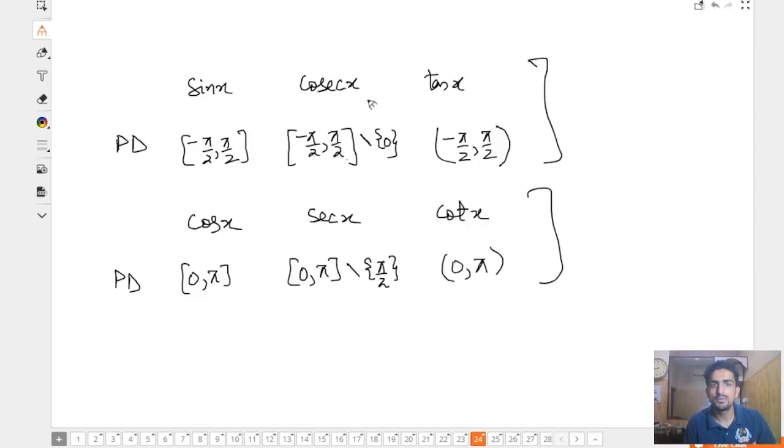You just need to keep in mind for sine and cos: sine, cosecant, tan will look alike. Cos, secant, cot will look alike. I'm giving you this because principal domain will matter a lot in many questions. So please keep these principal domains in mind.